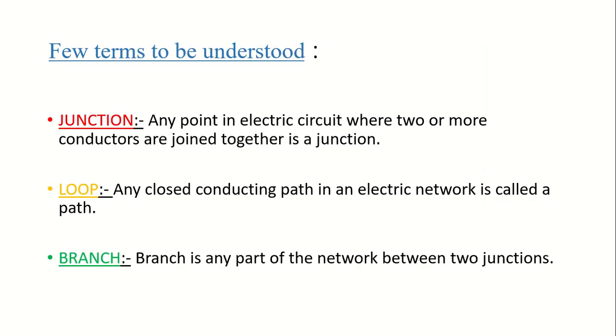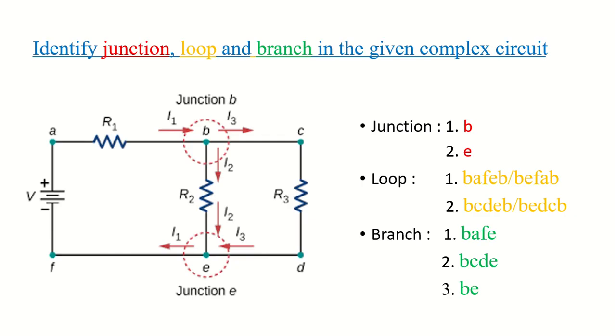Now the next term that we see here is branch. What is a branch? A branch is any part of the network between two junctions. So see here junction B and junction E. The branch is any part between two junctions.